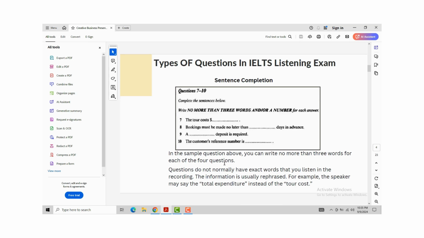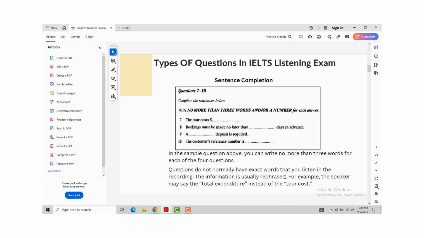We have already discussed it before. The most important thing to keep in mind is that questions do not normally have the exact words that you hear in the recording. The information is usually rephrased. Not only in IELTS listening, even in IELTS reading, the questions will be rephrased. They will not have the exact wording you hear in the recording or read in the passage.